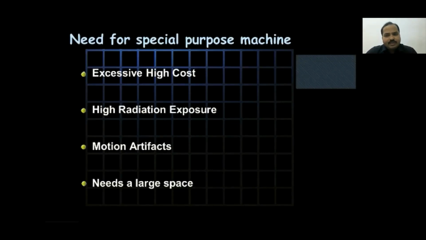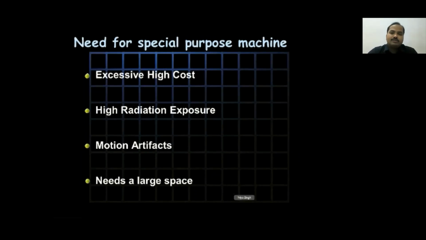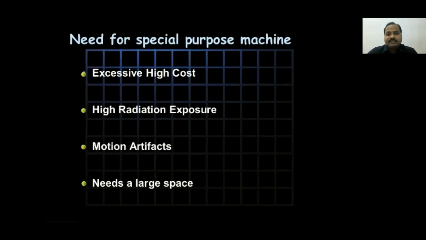Now, this was with the computer tomography machine. What was the need for a special purpose machine for dentistry only? It was because the computer tomography machine had an excessively higher cost. The machine was bigger, and it utilized the basic components in large numbers also. There was high radiation exposure in that machine.